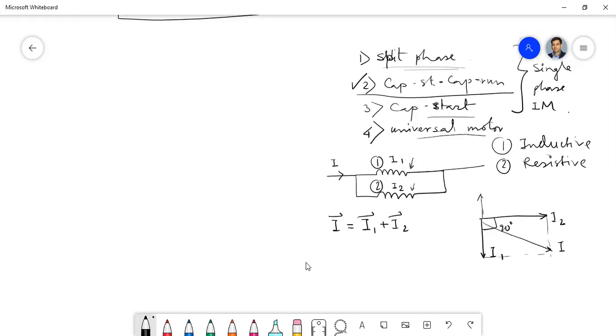What I was saying, this is one particular option. By using a capacitor, you can split the phase, where we get a 90 degree leading current in the auxiliary winding. So there are two windings: one is the main winding, another is the auxiliary winding.